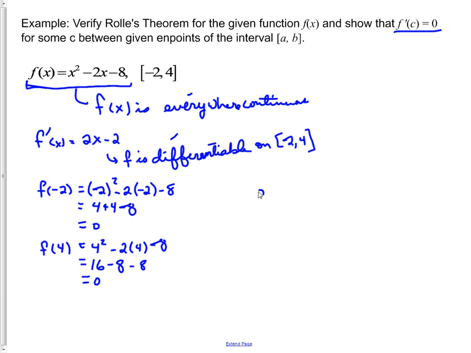Well, there has to be some point c where the derivative is equal to 0. And so if we were to put that value of c into our derivative, 2 times c minus 2 would equal 0. And if we solve for c, we find that c equals 1 is a point in the interval from negative 2 to 4 where the derivative is equal to 0. So we verify that Rolle's theorem is true for the given function.